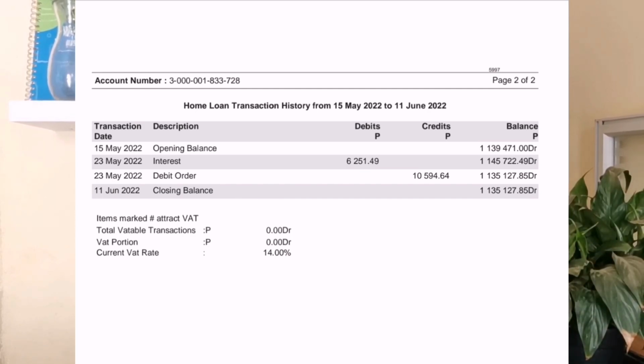So your account was debited with 6,251.49. When the account is debited, that is going to increase your loan balance. Do we get that? It's going to increase your loan balance. So here, your loan balance is now moving from 1,139,471 to 1,145,722. It has increased because it was debited.